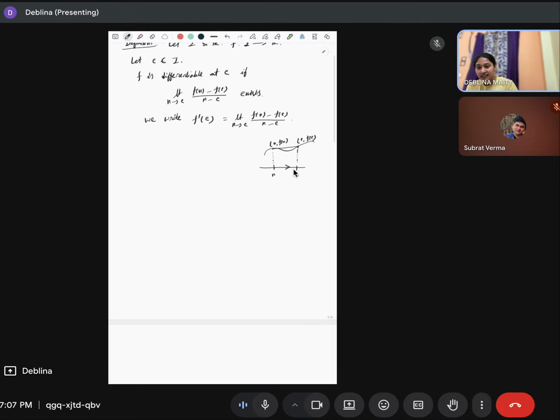Okay, now we'll say that if a function is differentiable at a point, then it is continuous at that point. So, if f is differentiable at c, then f is continuous at c.